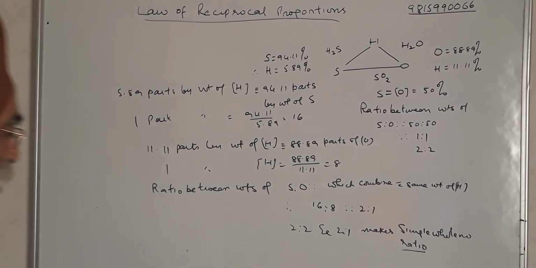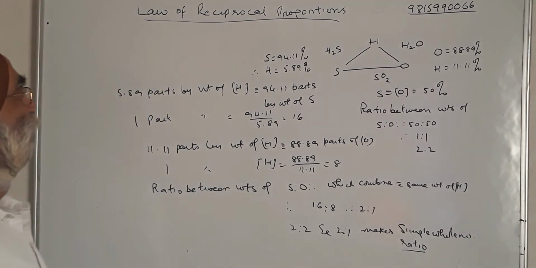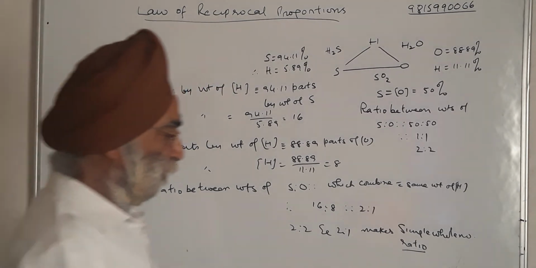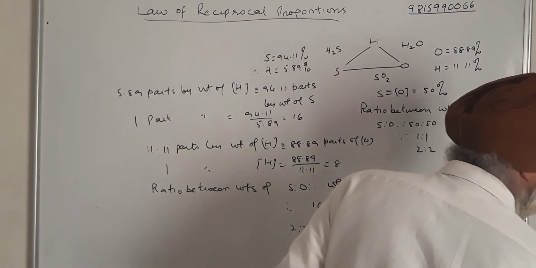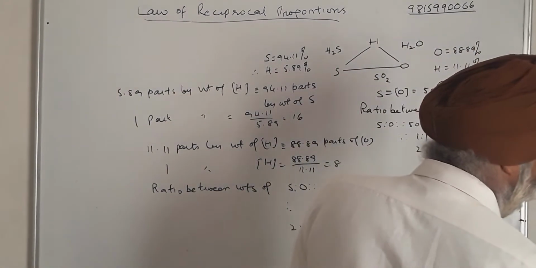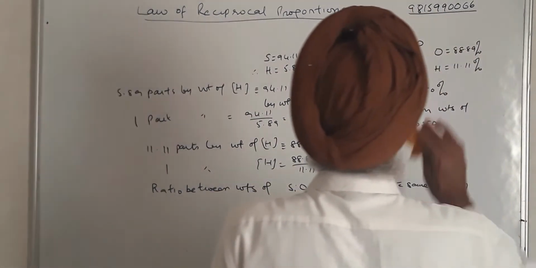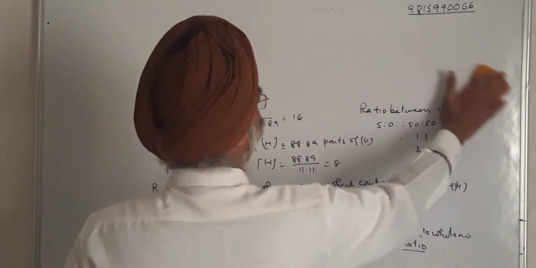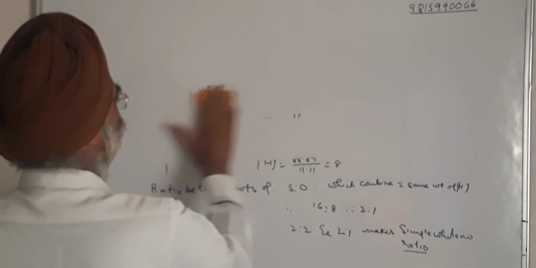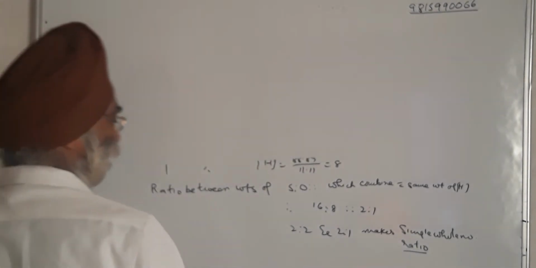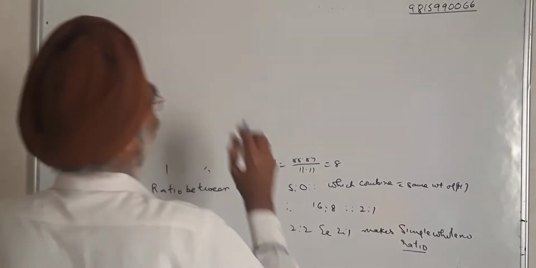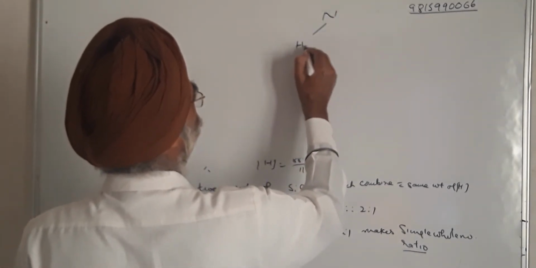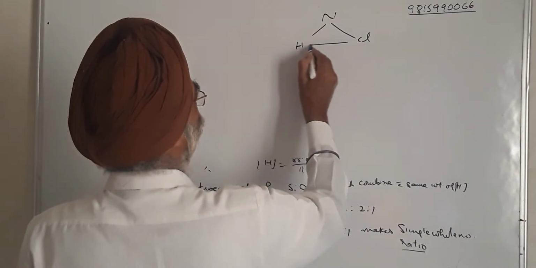So this was the first numerical problem related to the law of multiple proportions. We shall discuss another between nitrogen, hydrogen and chlorine.